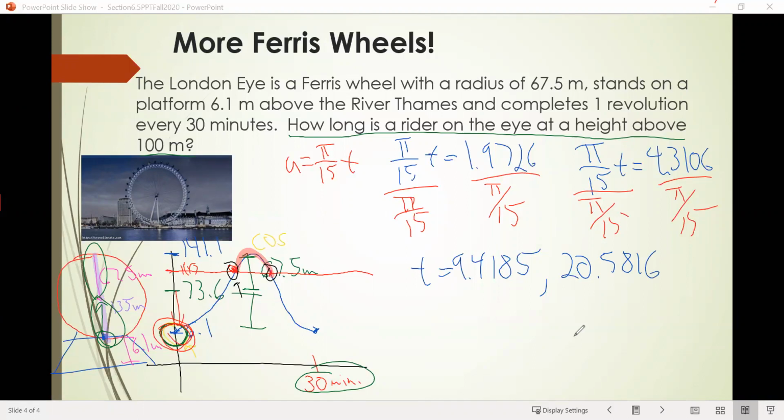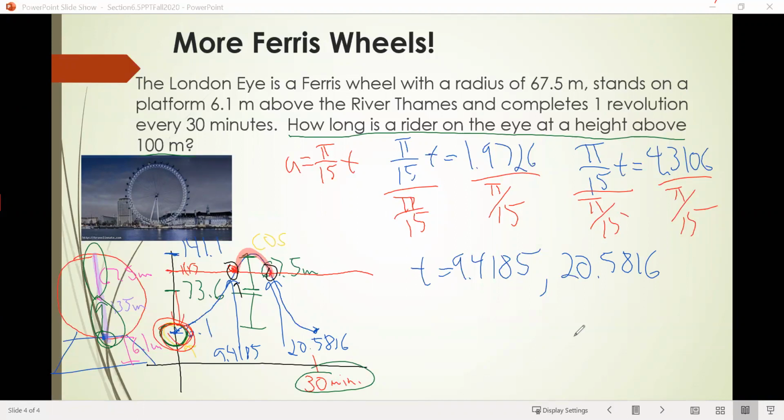Okay, so we know from that the first time we get to 100 meter height is 9.4185 minutes. Second time is at 20.5816 minutes. Then we're coming back down.